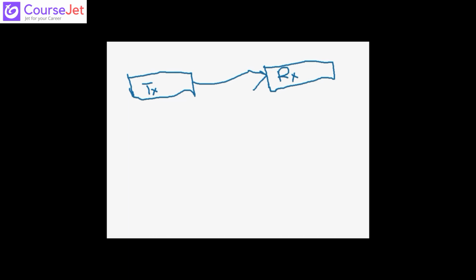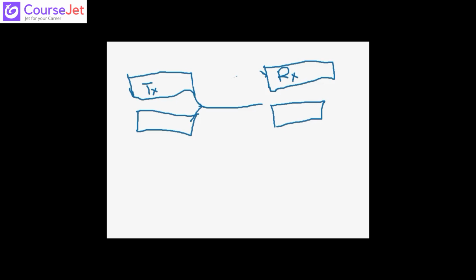Then you have half duplex communication. In half duplex communication, you will have transmitter as well as receiver, and you will have only one line. You will be able to transmit data from transmitter to receiver and from receiver to transmitter, but as you have only one line, either I will be able to transmit data or I will be able to receive data.